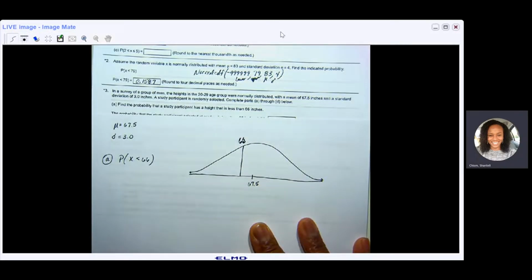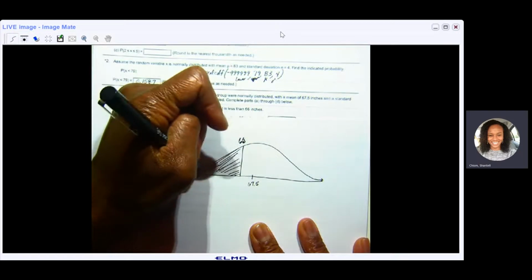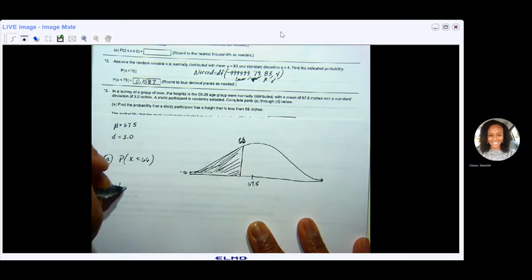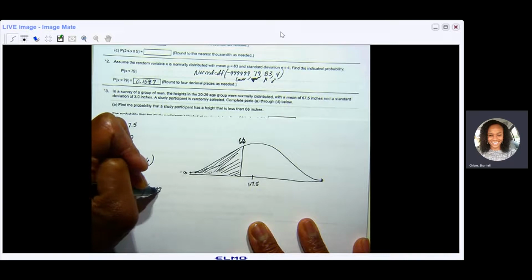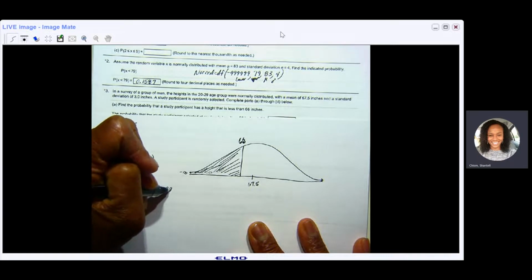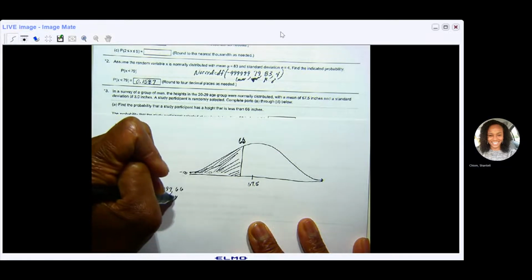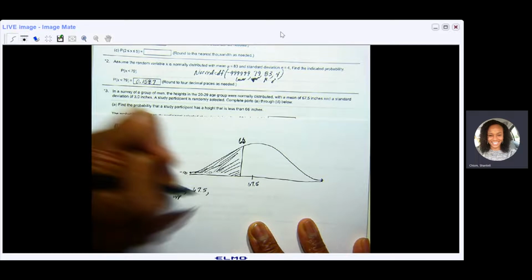And we want the probability that X is less than that, so that means we're shading to the left, all the way to this left tail towards negative infinity. So normal CDF, lower bound is negative 99999, upper bound is 66, mean is 67.5, and deviation is 3.